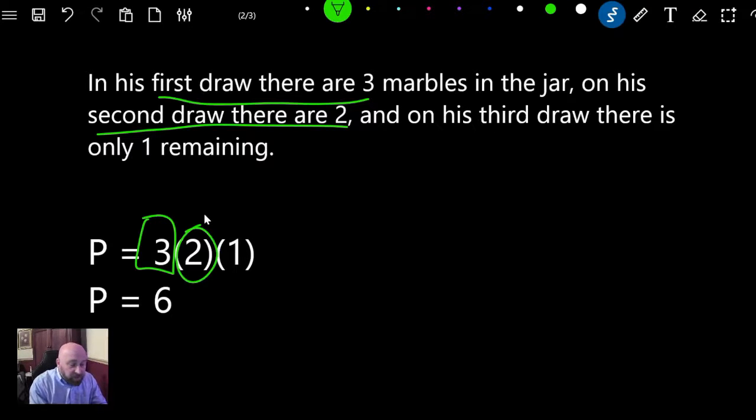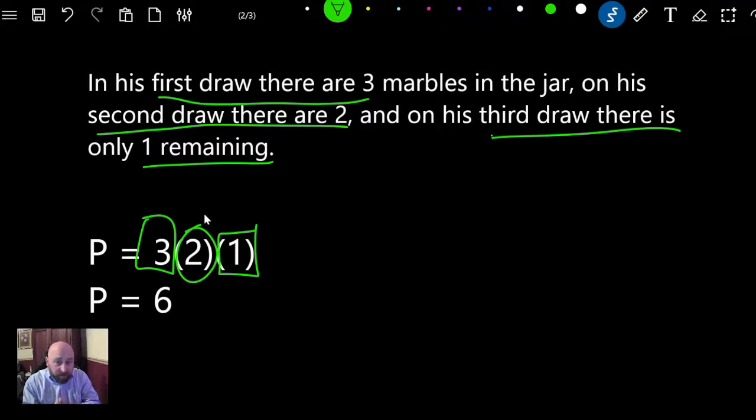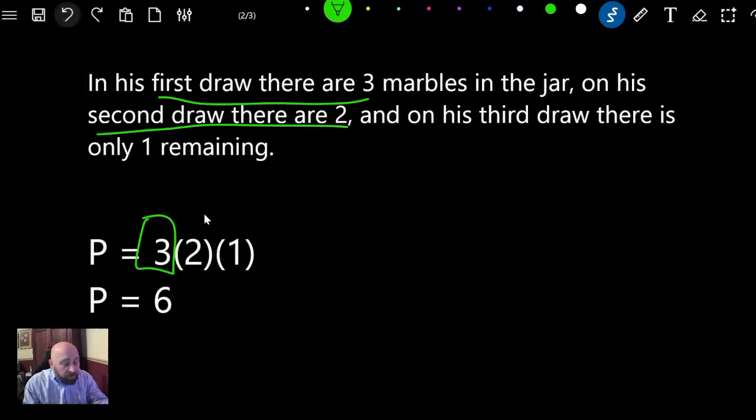And on the third, there is only 1 remaining. So the first draw, there's 3. The second draw, there's 2. And the third draw, there's 1. The way that we would do that is we would just multiply that together. 3 times 2 times 1 is 6.